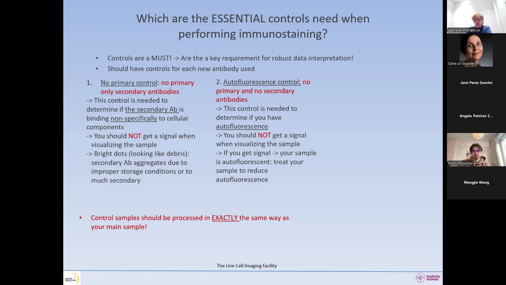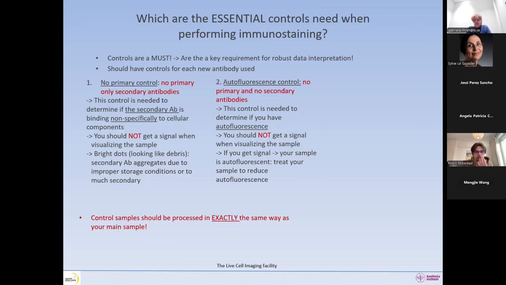Another important control is the autofluorescence control, which we already talked about, which means no primary and no secondary antibodies. But you should treat this sample exactly like your main sample, fixation, blocking, and all the steps, just that you omit the antibodies from all the solutions.